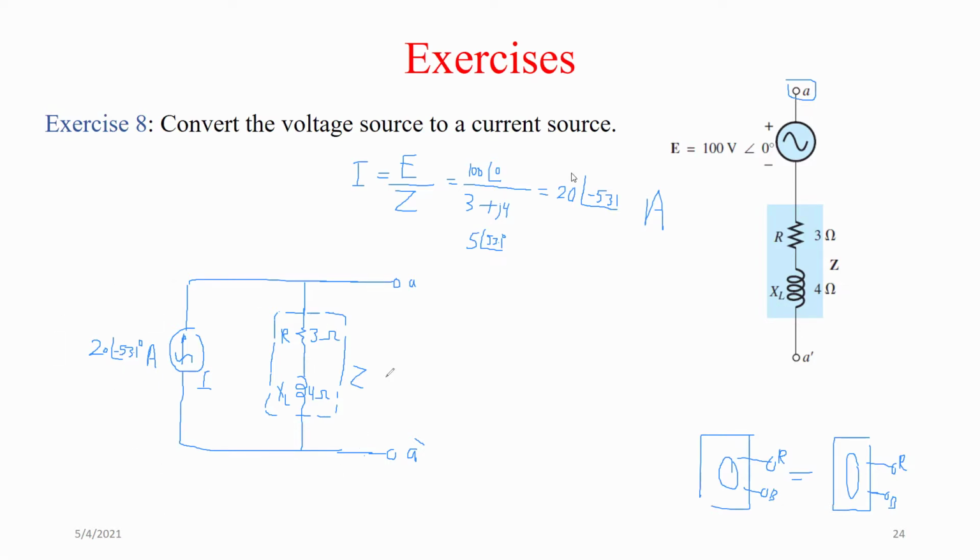The equivalent current source has to have a current source and a parallel impedance. The voltage source is a voltage source and a series impedance. Now for the voltage source, the series impedance represents the voltage drop that happens in the source when we load it.